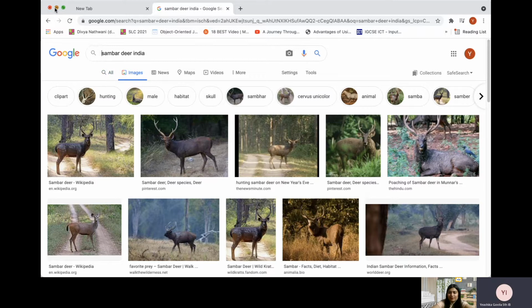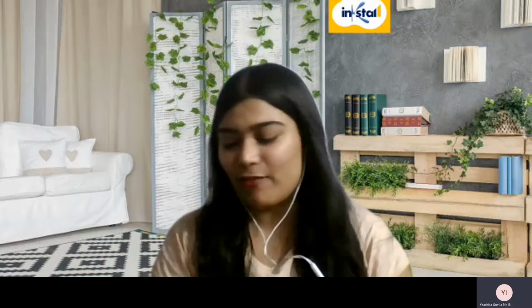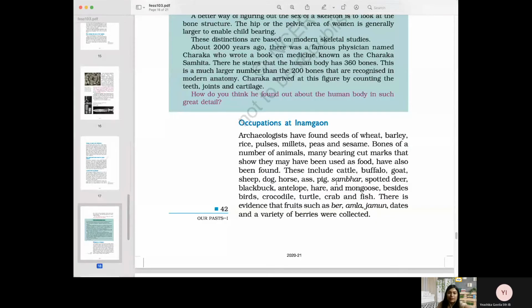No, ma'am. Yes, they have. The word sambar is written in italics. Like they have focused it as if it is something special. It is italics, no?